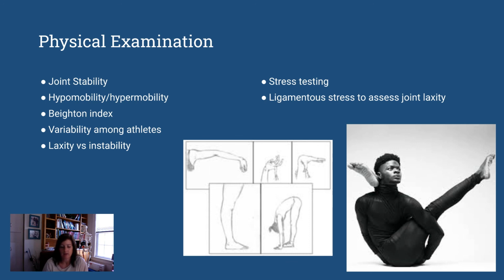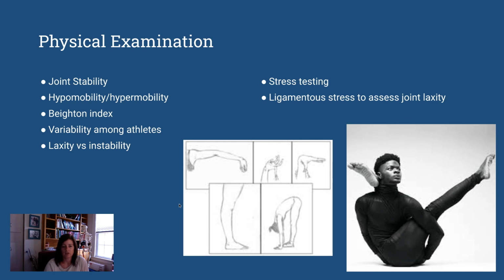We certainly have some athletes who are hyperflexible, who are kind of on the other end of the spectrum. One way to quantify this is through the Beighton Index. And I've included the pictures here, and it's basically these 5 tests, and you give patients a rating or score, and this is an indication of their flexibility.